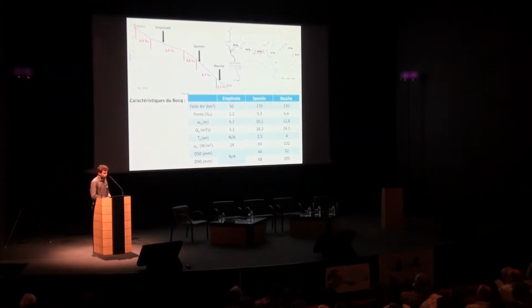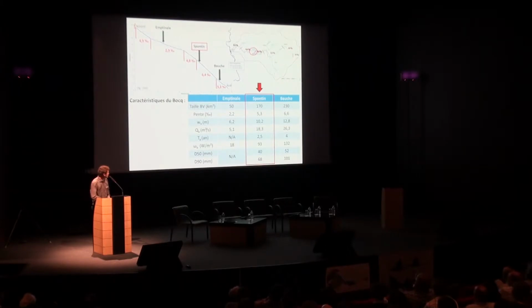So here are the characteristics, with Emptinne, Spontin, Bauche: there is a strong slope at the top and a lesser slope at the base level. And we worked more specifically on the Spontin area downstream.